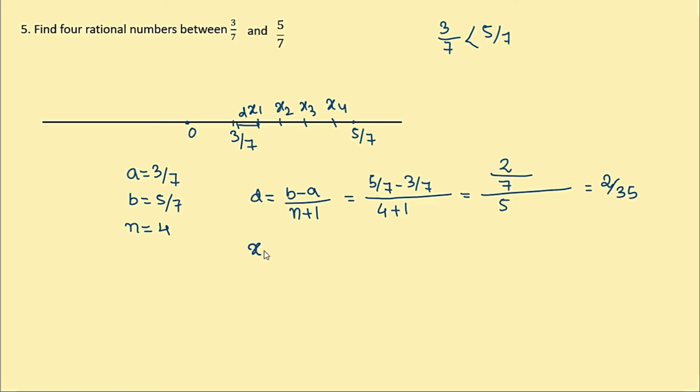So x1 will be what? A plus D. So A is how much? 3 by 7 plus 2 by 35, that is 35 is the LCM. 7 5s are 35.